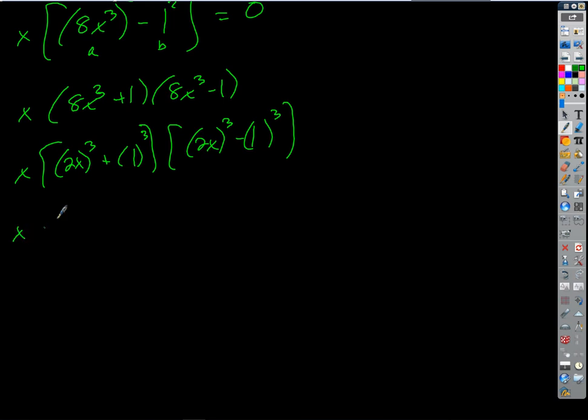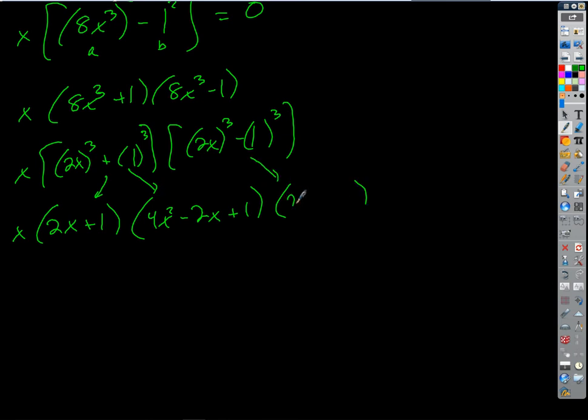This is going to break apart into a plus b times a squared minus ab plus b squared, right? You see that? That's how this one breaks apart. And then this one's going to break apart into a minus b times a squared plus ab, 2x times 1, plus b squared.